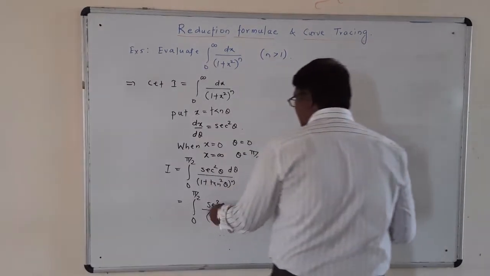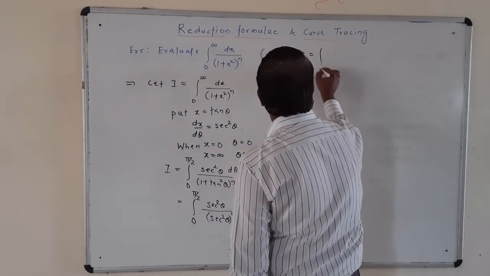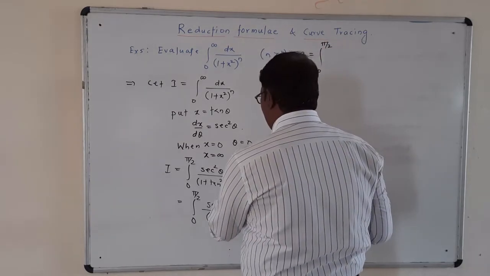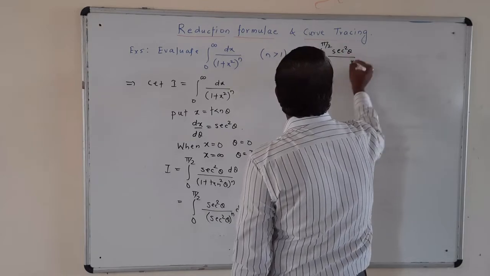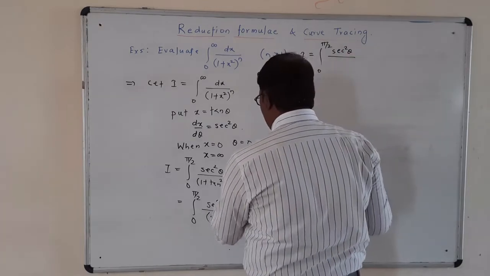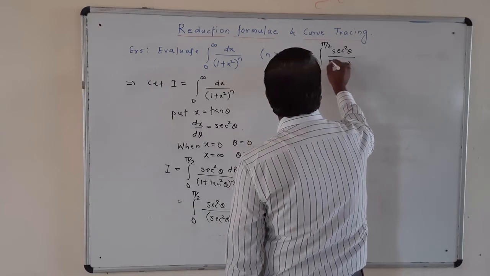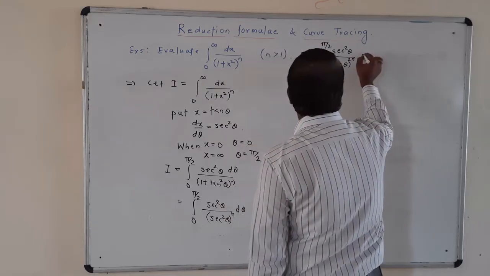Now when we simplify this integration, we will get integration 0 to pi by 2 sec square theta divided by sec square theta raised to n, which is sec theta raised to 2 minus 2n d theta.